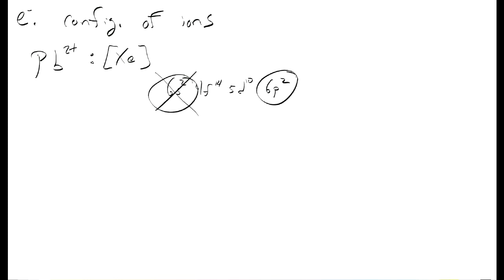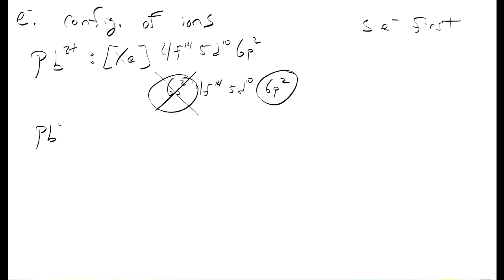So lead 2+ is xenon, 4f14, 5d10, 6p2. S electrons first. And it doesn't matter if you're talking about s versus p or s versus d or s versus f. We'll never talk about losing f electrons because the rare earth metals are kind of ridiculous.